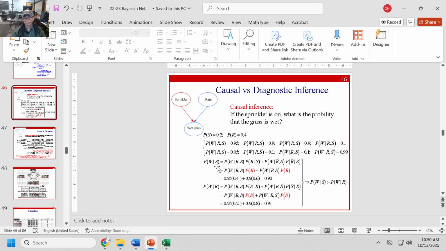Sprinkler on, the ground is more likely to be wet than rain, because sprinkler on the ground is intentional, and that intentionality is 0.01%. So far, so good.